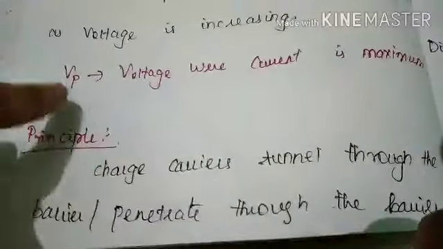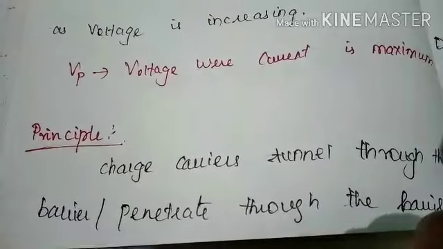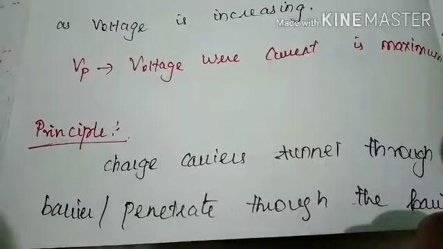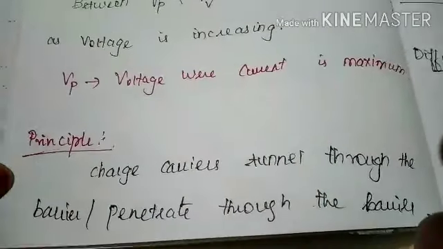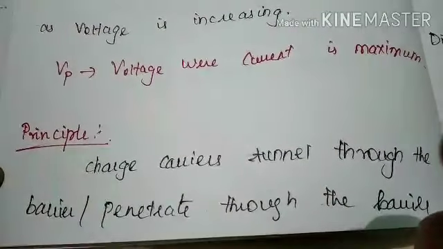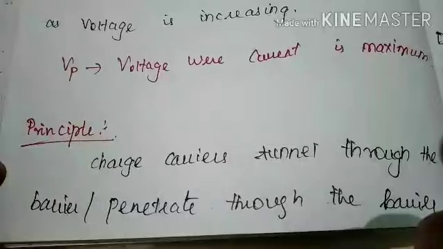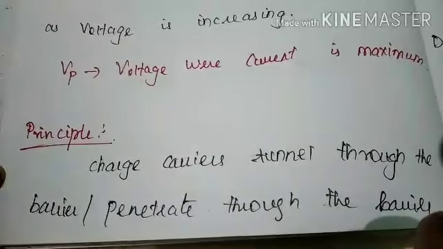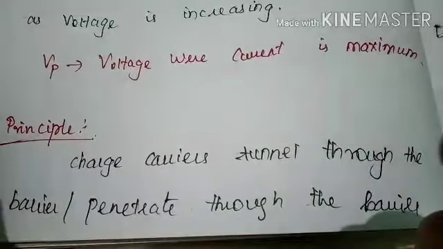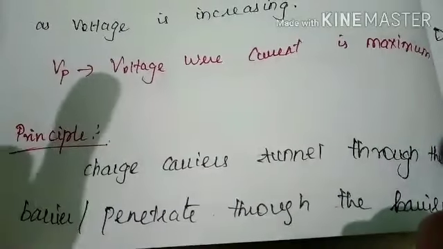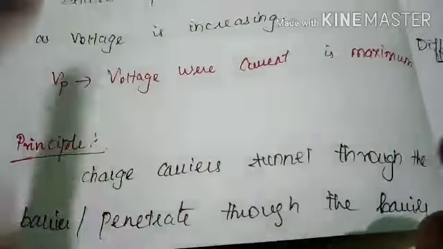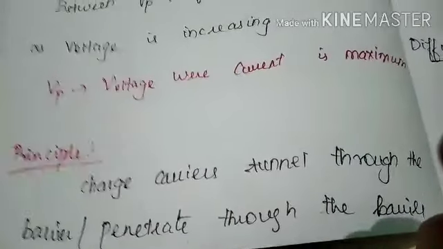See here, the barrier is not breaking. Here the charge carriers tunnel through. Tunneling is nothing but penetrating through the barrier. Here the charge carriers penetrate through the barrier to produce the current, right? So this is the phenomenon or principle of this tunnel diode.